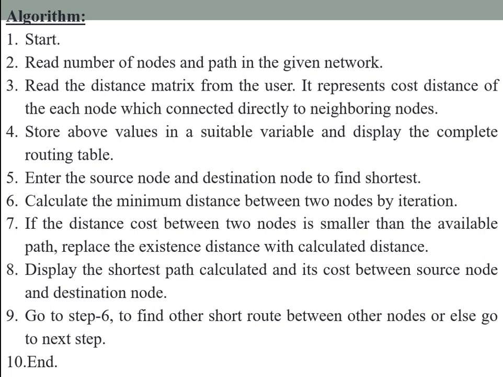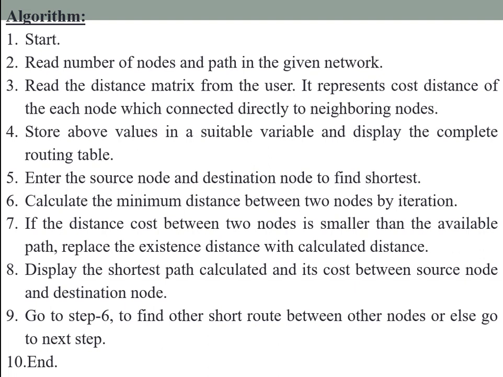Once we get the complete routing table, we enter the source node and the destination node to find the shortest distance between the source and the destination. Calculating the minimum distance between two nodes is done by a method called the retracement method, and if the distance cost between the two nodes is smaller than the available path, replace the existing distance with the calculated distance.